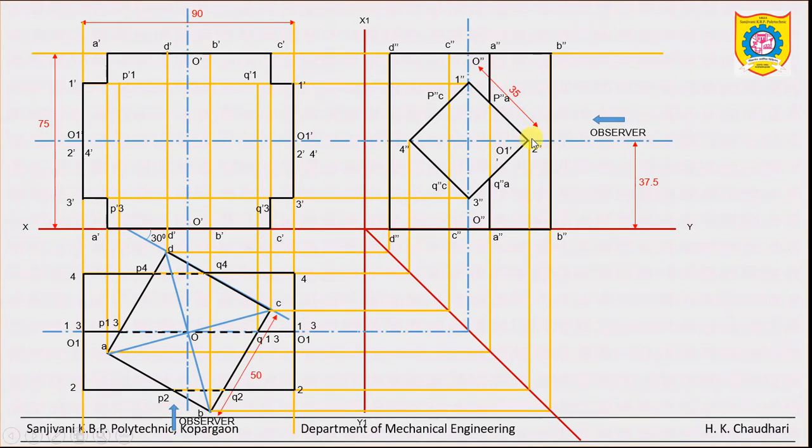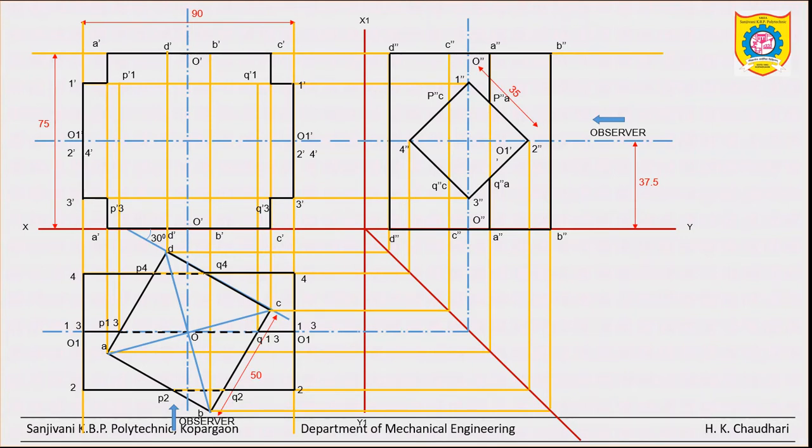Now inside this square 1, 2, 3, 4 there is no edge because there is a hole made in the vertical prism. Clear? So do not draw the hidden line also.